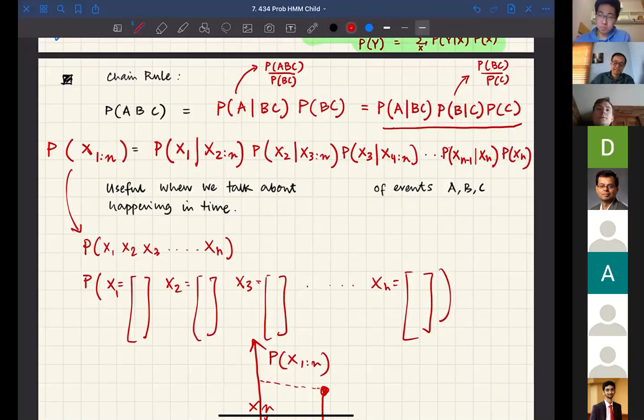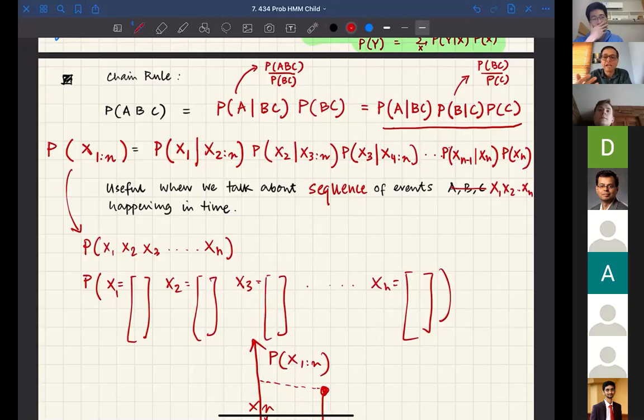And this will be useful when we talk about a sequence of events ABC happening in time, or x1, x2, x3, xn happening in time. And now you see the connection. Walking is like, where am I now? Where am I in the second time? Where am I in the third time?